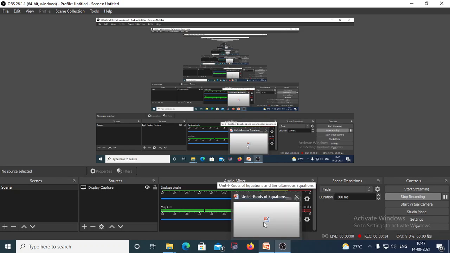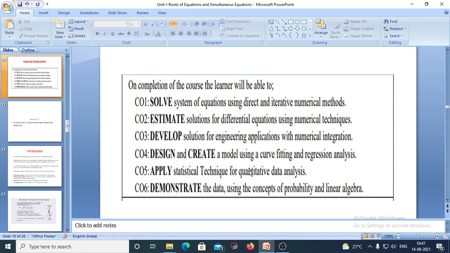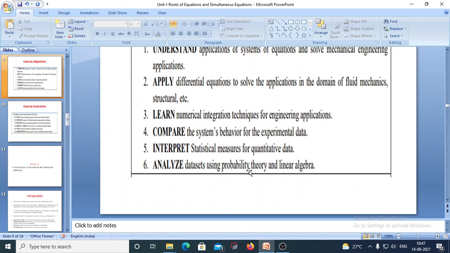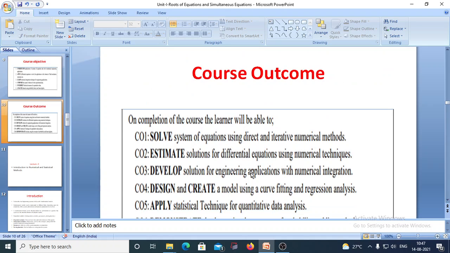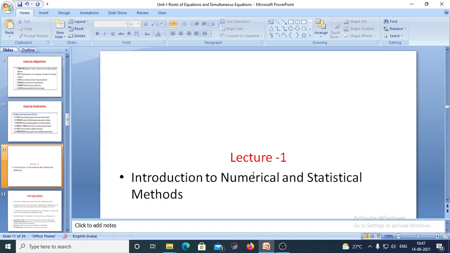Before going on to that, in yesterday's lecture we saw the teaching scheme and the examination scheme. We also saw the course objectives and course outcomes, and we covered the applications as well as the units given in your syllabus, or we can say the course contents.